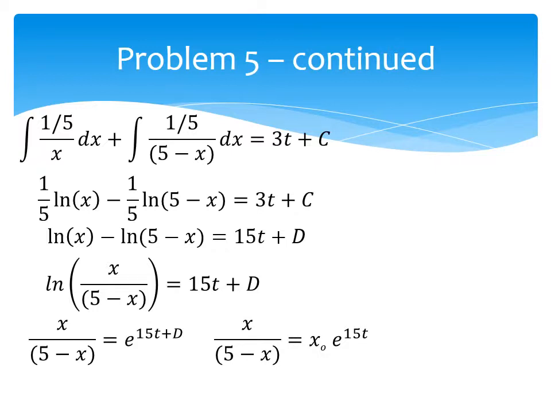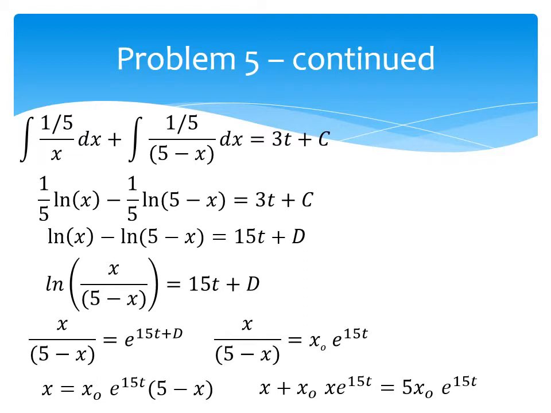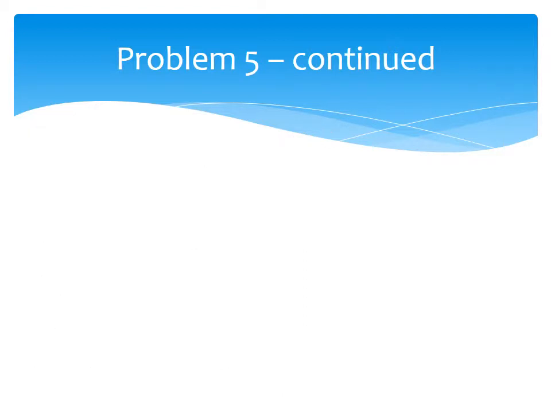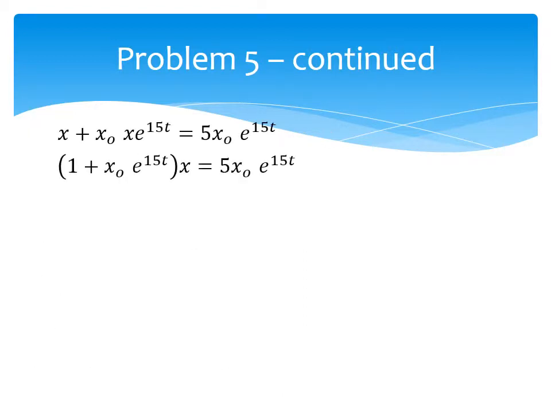I also simplified the expression on the right-hand side by using properties of exponents, and I create a new constant called x0, x of 0 right here, and then we need to solve for x, and in doing so I have to do some algebra, some more algebra, and even some more algebra, and finally I get this solution.